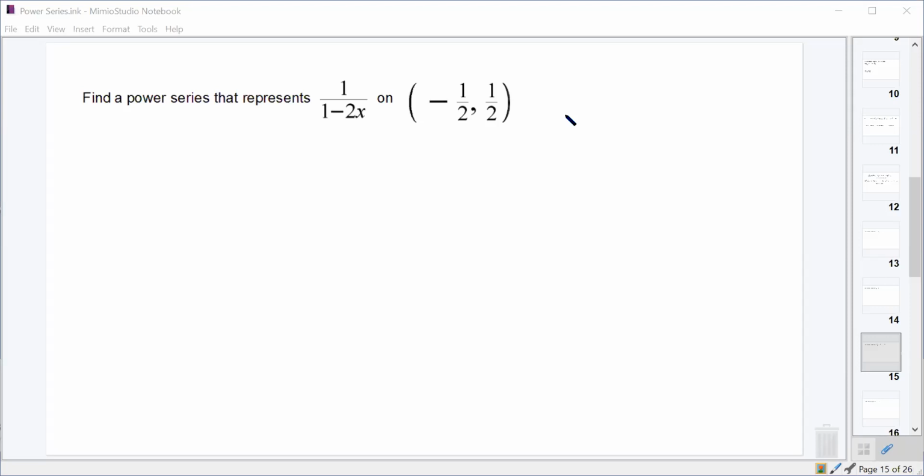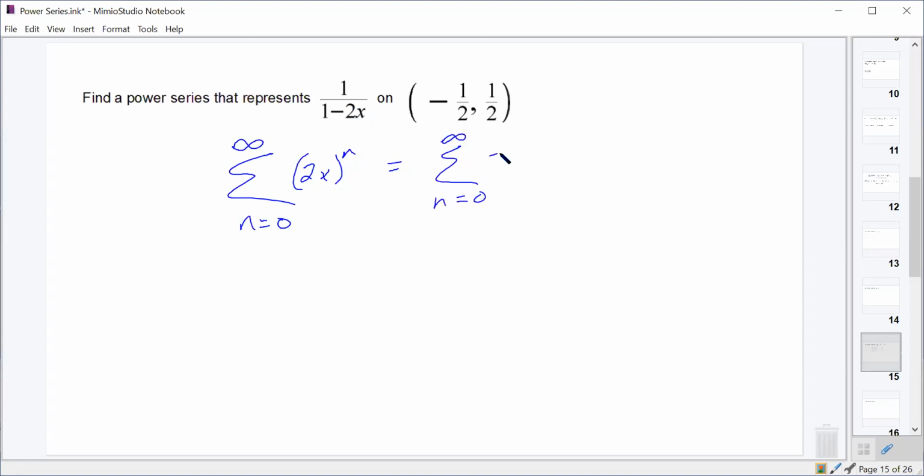So what should that series look like? Should just be a sum from n equals 0 to infinity. And now instead of having a 1 minus x, we have a 1 minus 2x. So it ought to be 2x to the n. And traditionally, we would write this as 2 to the n, x to the n. And that series, what's the first term?